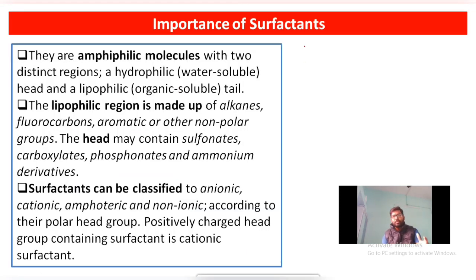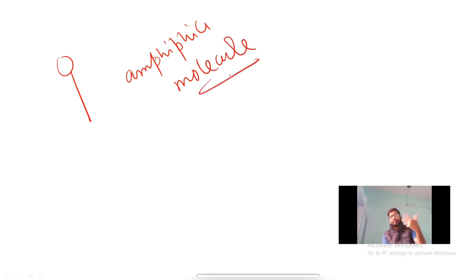Then coming to the most important topic, the importance of surfactant. Why are surfactants used in Niosome formation and what are their critical roles? Let's understand this topic very well. What is a surfactant? A surfactant is an amphiphilic molecule. That means it has two ends: one is the head portion and another is the tail portion.